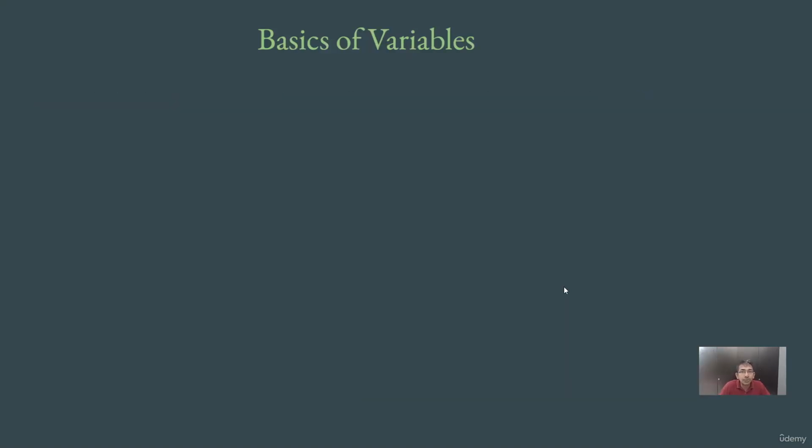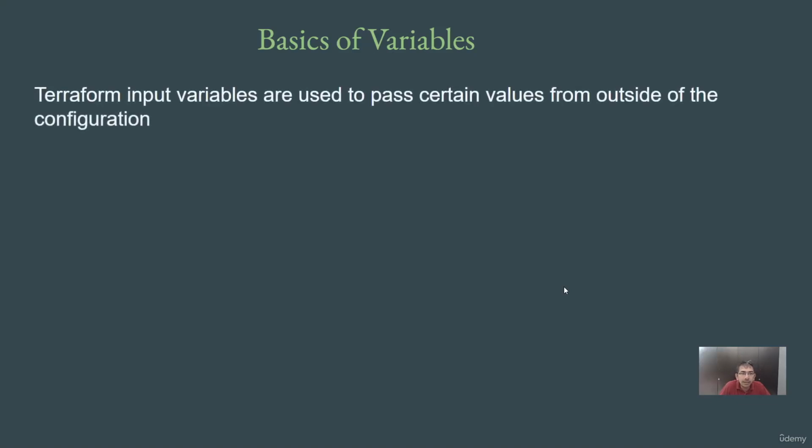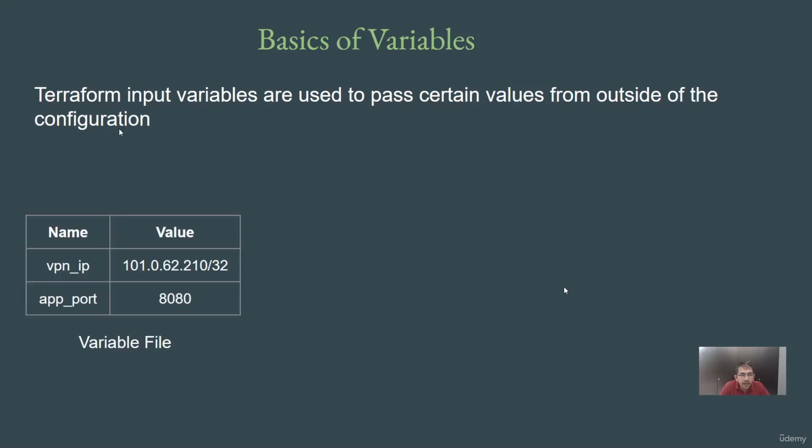Now this better approach that we were discussing can be achieved in Terraform using the feature of variables. At a high level overview, Terraform input variables are used to pass certain values from outside of the configuration. So let's take an example where you specify some key value pairs here. For example, vpn_ip, you have an IP address of the VPN server.